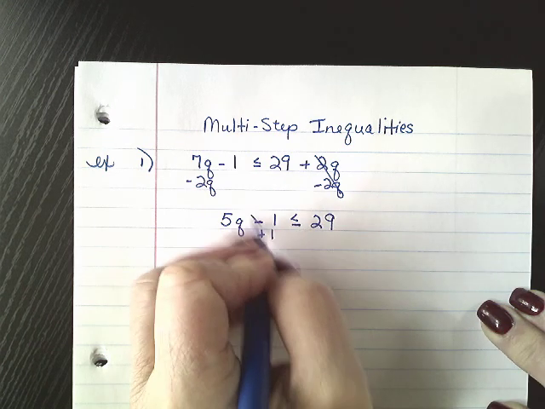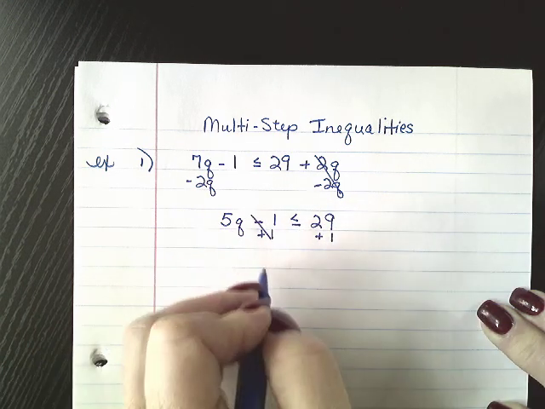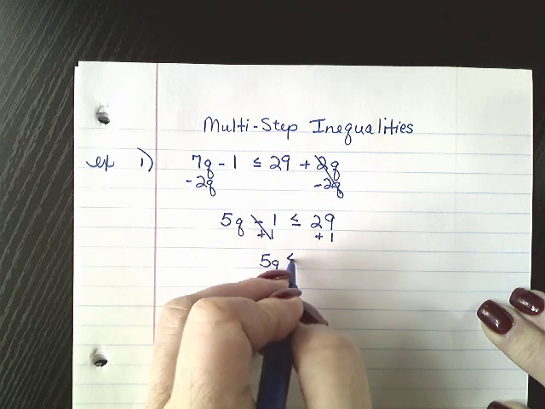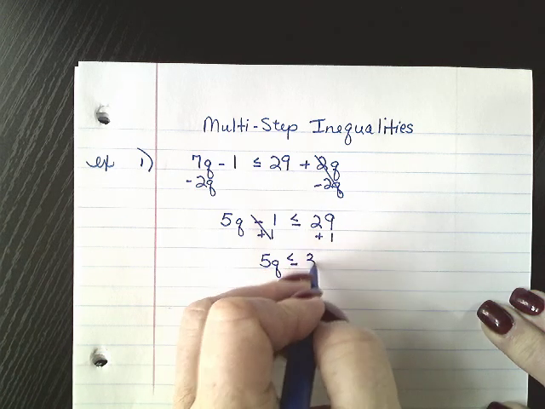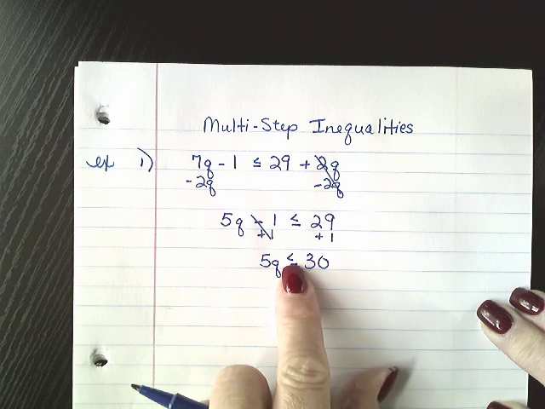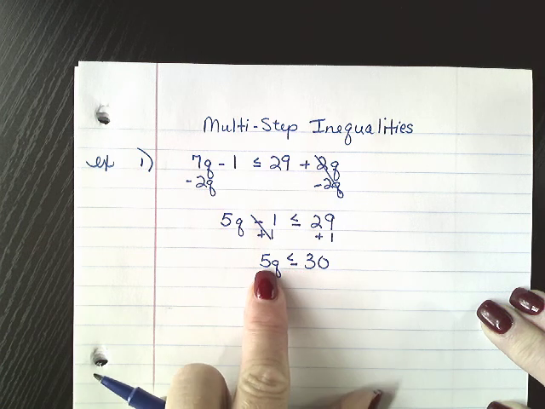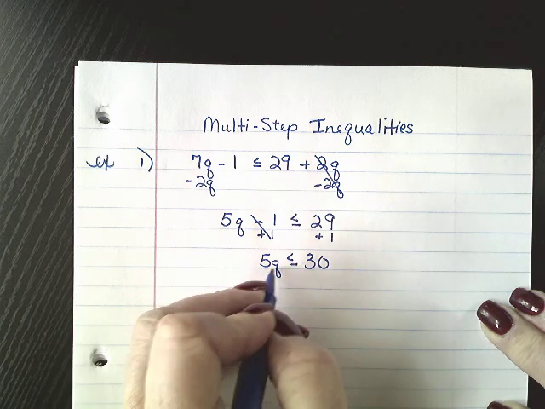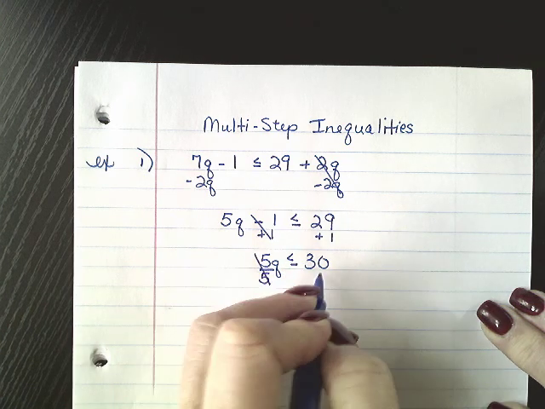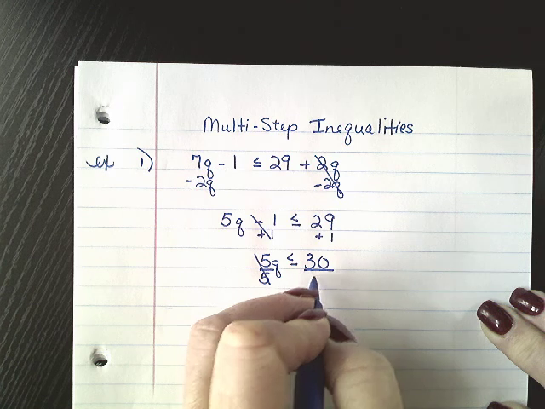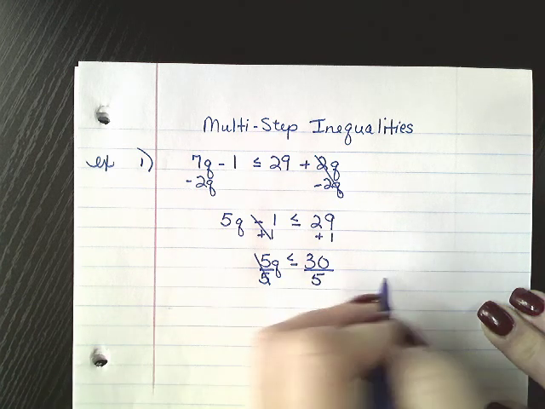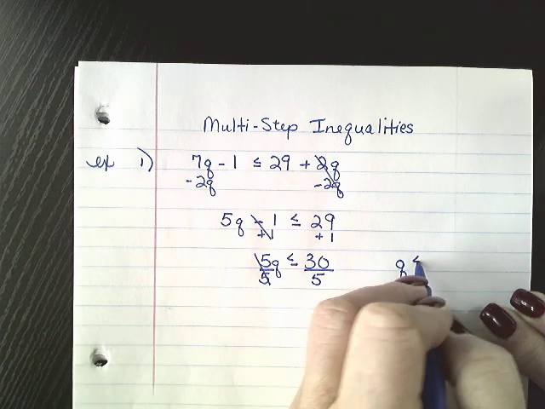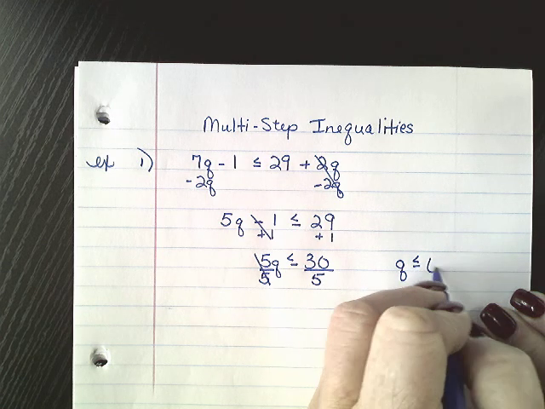I'm going to add 1 to both sides: 5q is less than or equal to 30. Now the symbol is less than or equal to. The coefficient is positive, so we're not going to be flipping that symbol. That's only when we're dividing or multiplying by a negative number. So therefore our answer is q is less than or equal to 6.